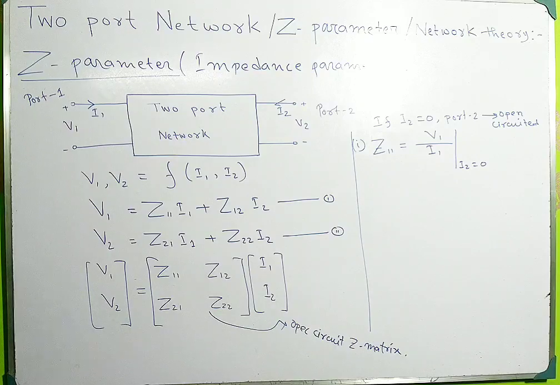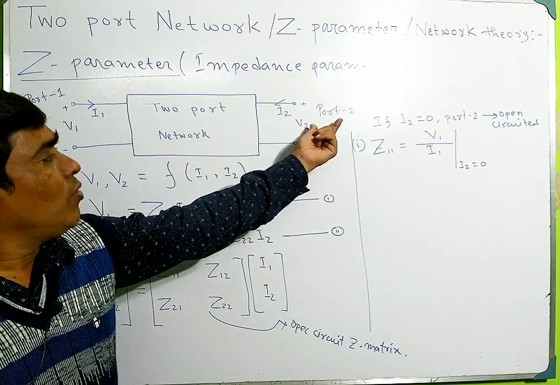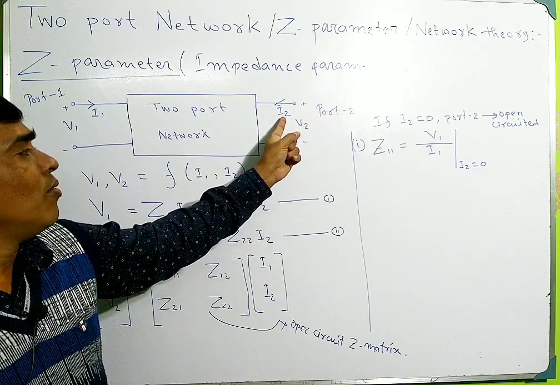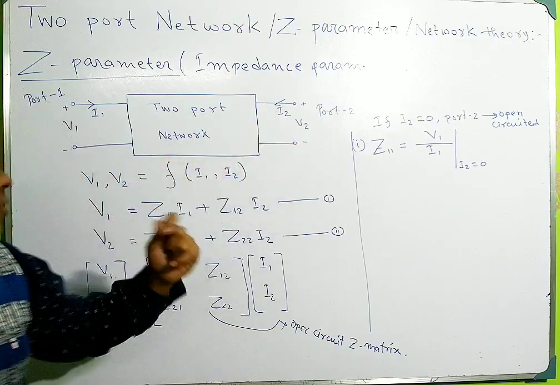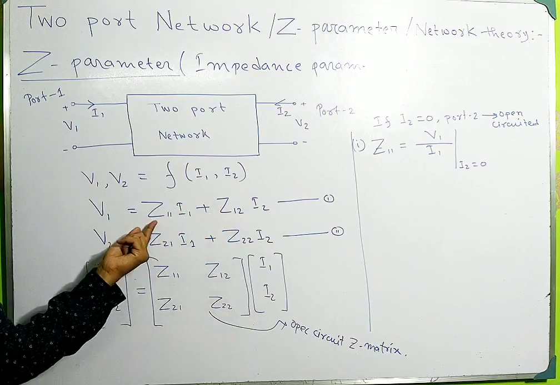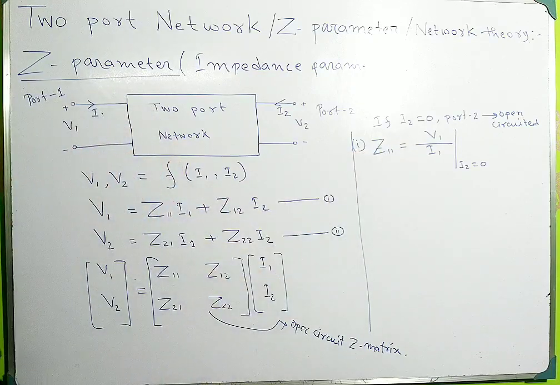So how to derive this? When port 2 is open circuited, then I2 is 0, and from equation 1 Z11 is equal to V1 by I1.